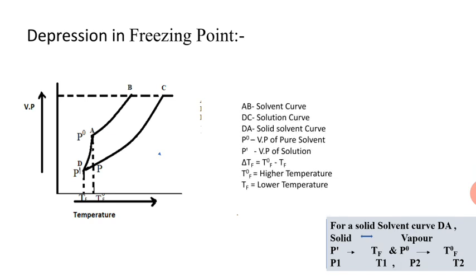So giving the name P dash as P1, Tf as T1, P0 as P2 and T0F as T2.